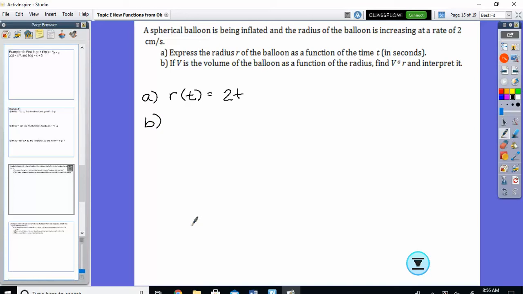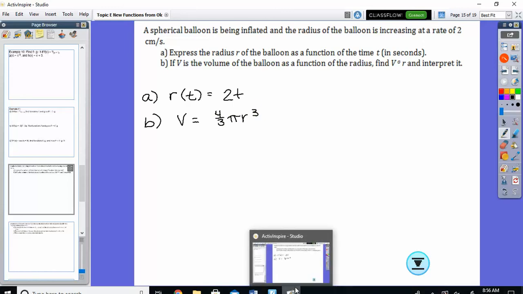Part B. If V is the volume of the balloon as a function of the radius, find V composed with R and interpret it. So in general, anybody know the volume of a sphere? This is one that does come up quite a bit this year.